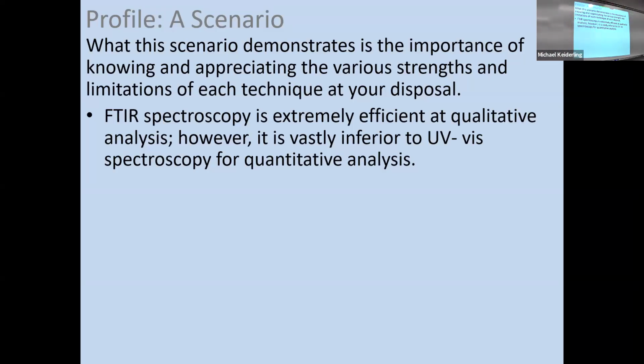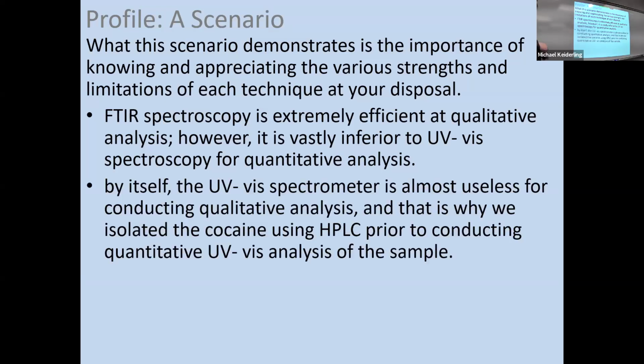By itself, the UV vis spectrometer is almost useless for conducting qualitative analysis, and that's why you isolate it using the high performance liquid chromatography to conduct quantitative UV visible analysis of the sample.